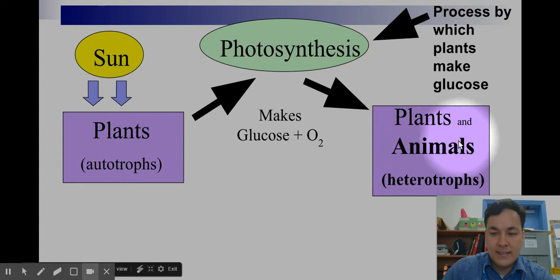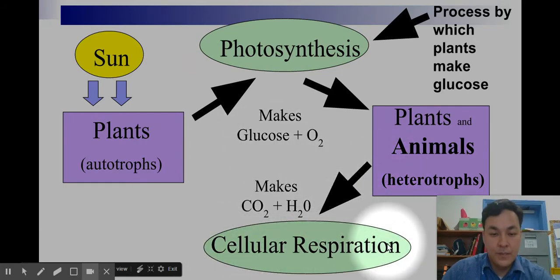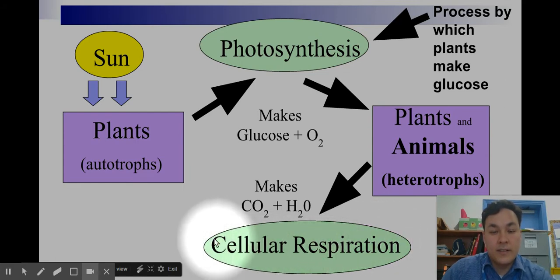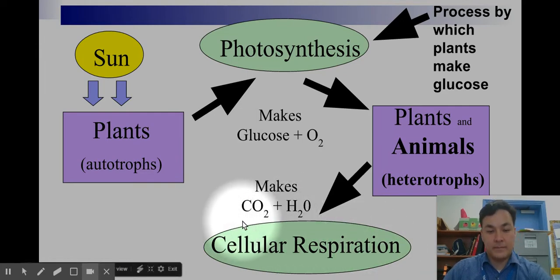Plants and animals being heterotrophs, meaning that we have to take from something else, break down glucose in a process called cellular respiration. A misconception alert: a lot of my students in the past didn't think that plants had to do cellular respiration, but they do. They need to break down their own glucose that they make.